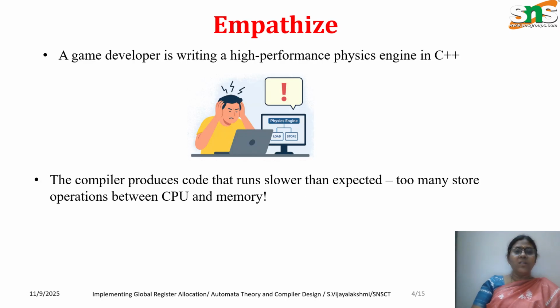Going into this session, here is one real world context. Imagine you are optimizing a game engine or a machine learning program where multiple functions share common data. If every function loads and stores variables from memory separately, the program runs slower than expected.